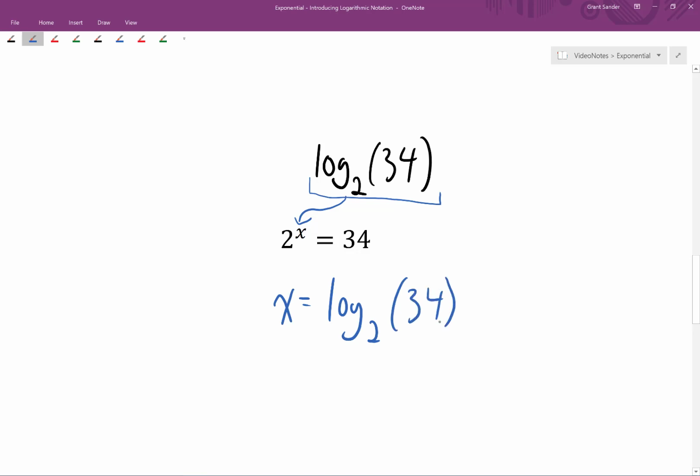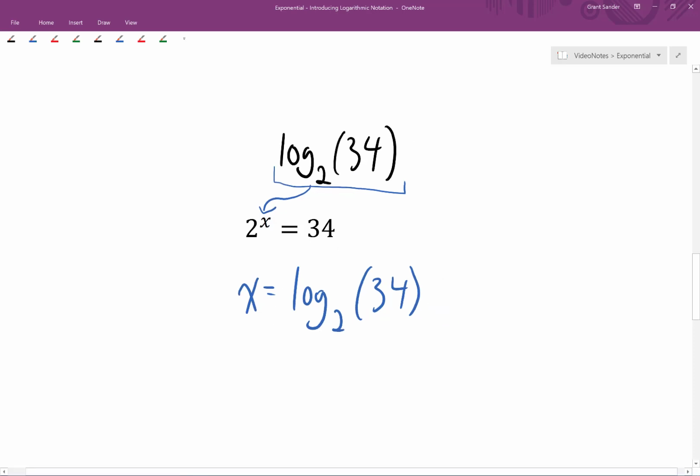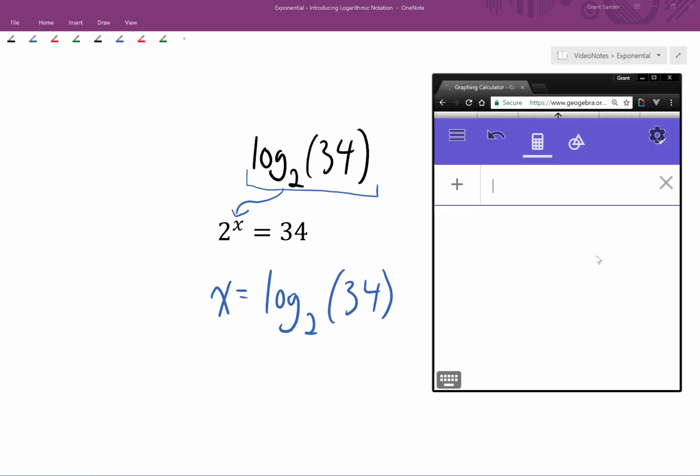One of the cool things about this is a lot of modern calculators have the ability to find the values of logarithmic expressions like this. So let's pull open a calculator real quick. So I have GeoGebra pulled open, and we can enter this expression in by typing log and then a subscript of 2 and then parentheses 34. So let me do that real quick.